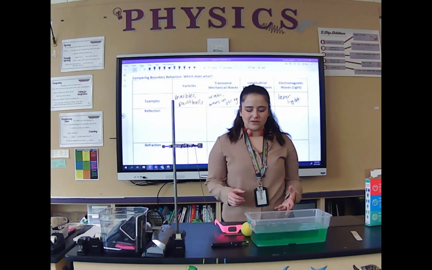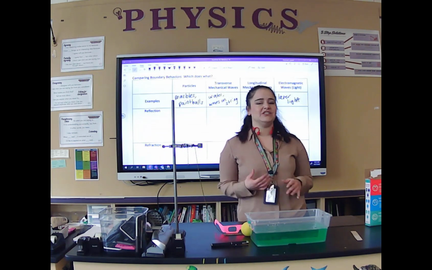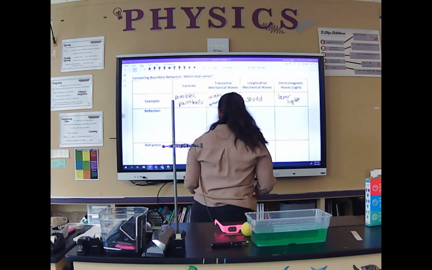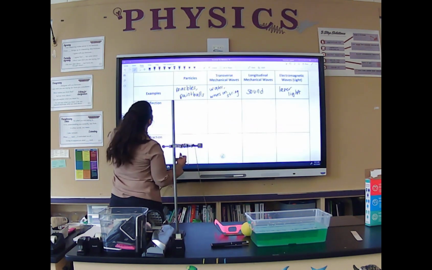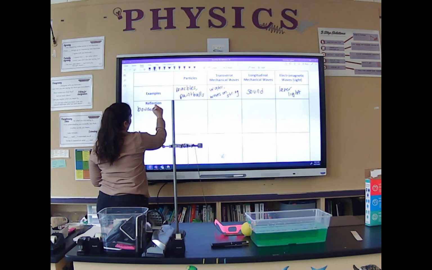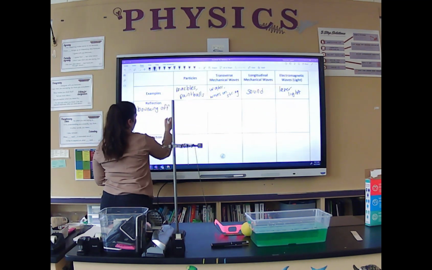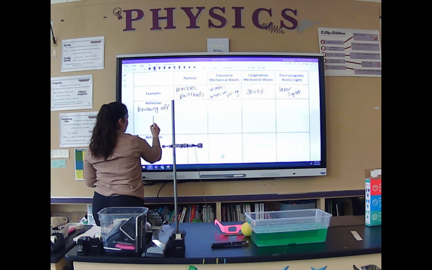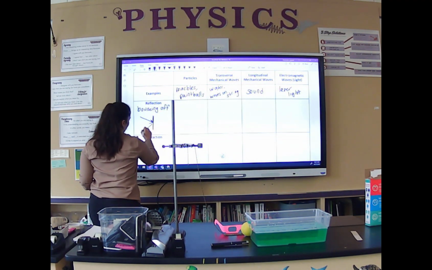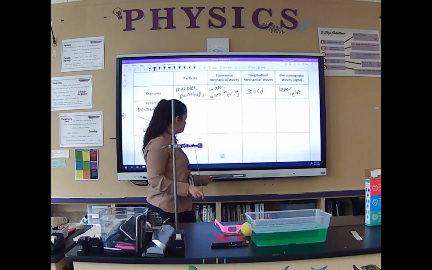Before we get into each of these boundary behaviors, we do need to talk about what they are. So reflection, you can just think of as bouncing off. For example, when the particle or wave hits a surface, it will bounce off.